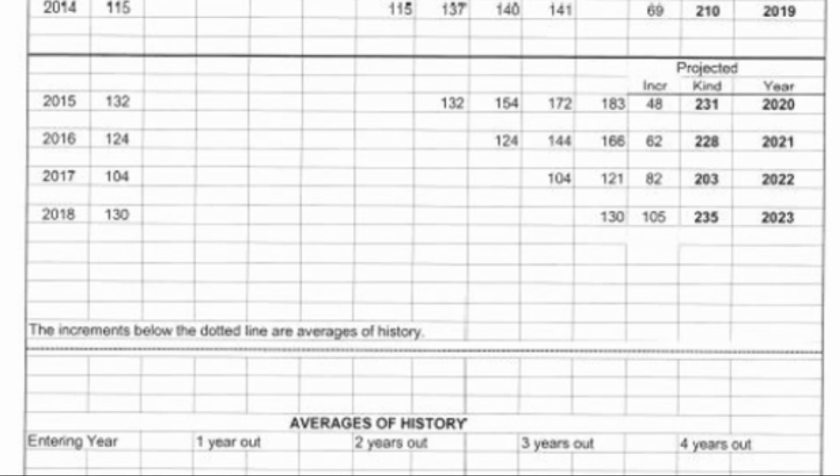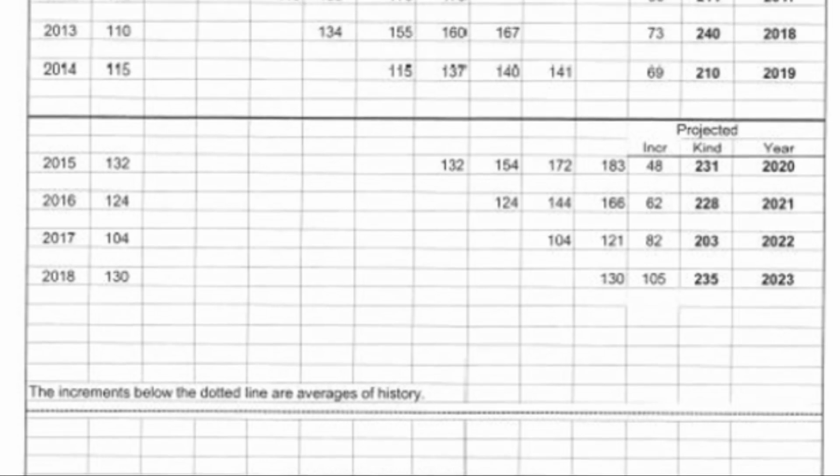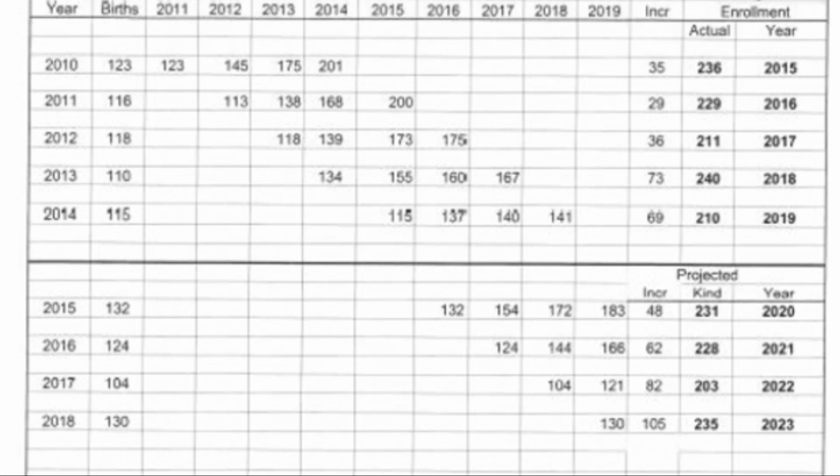Again, we do the same thing for all of the students first year out. Then we do it for the second year out. So for example, we go once again to birth year 2010. When the student census was in 2013, we had 175 students, but 236 showed up at kindergarten. That was an increase of 61 students.